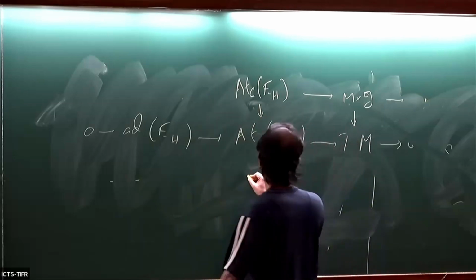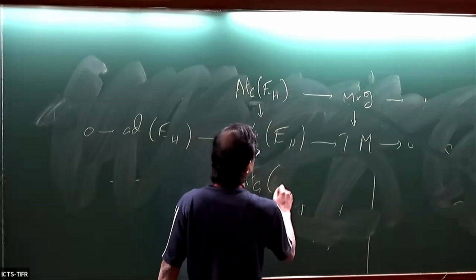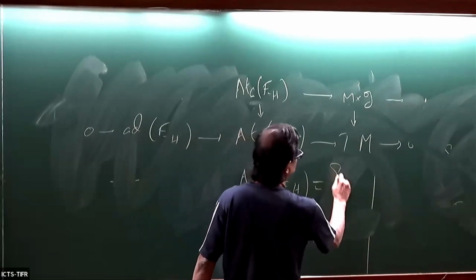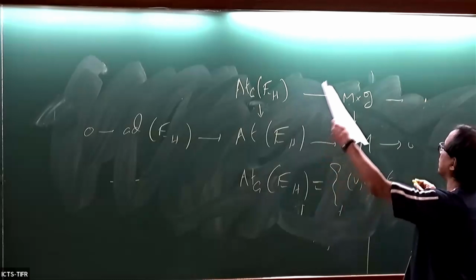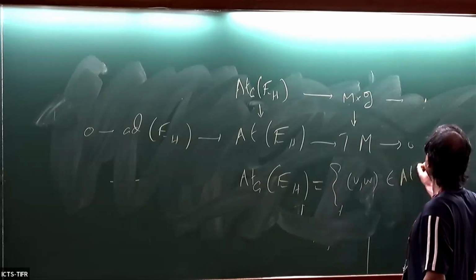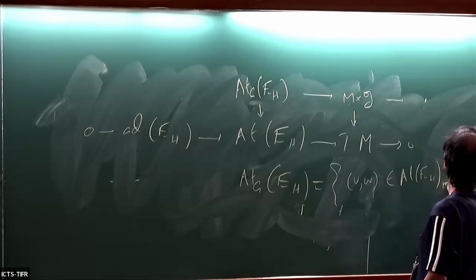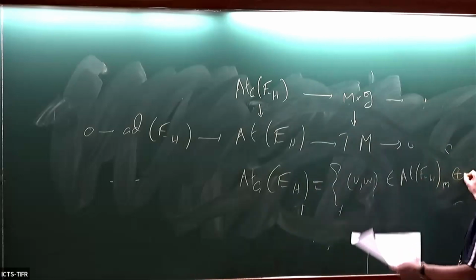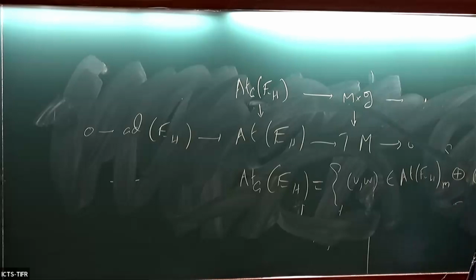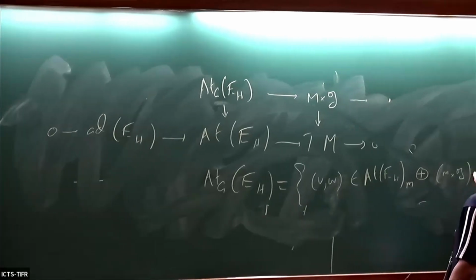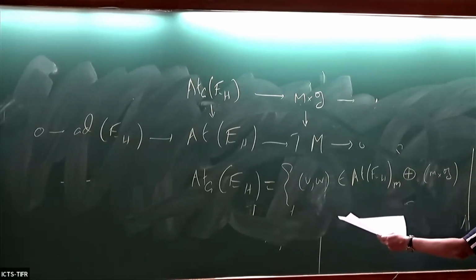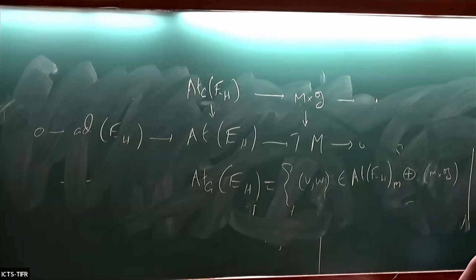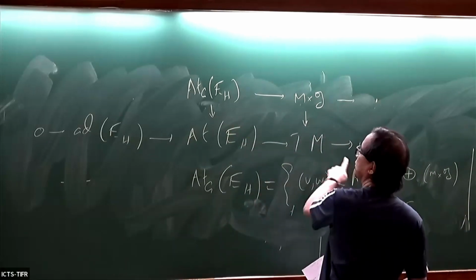This consists of all pairs (V, W), namely V in Atiyah over some point of M, and W in M cross g, such that f of V is equal to beta of W. This is the definition, and this map is the projection to the first factor.